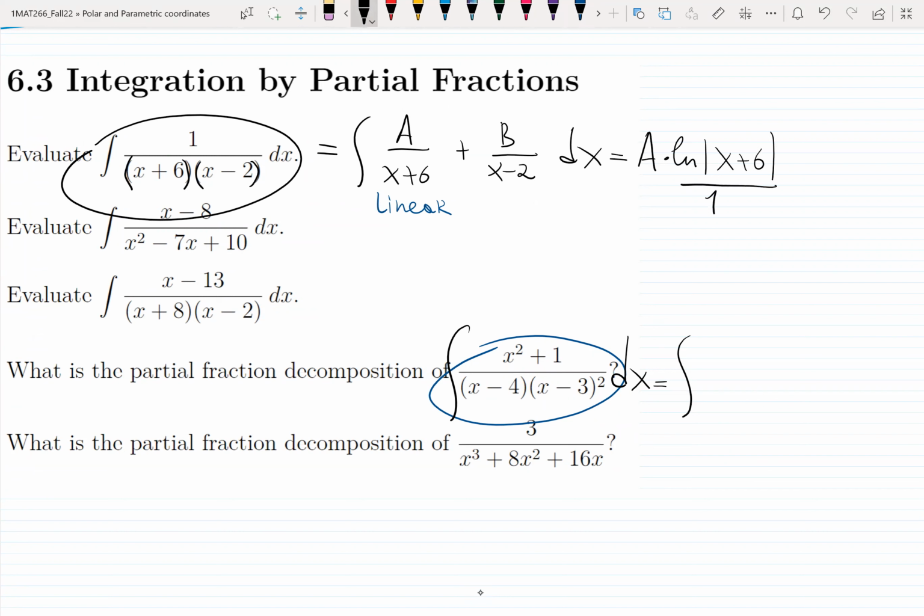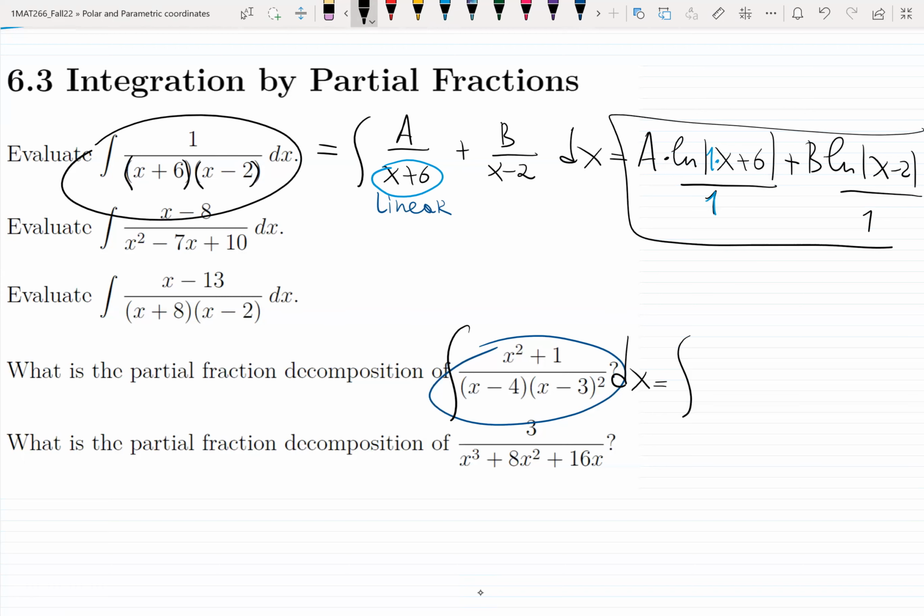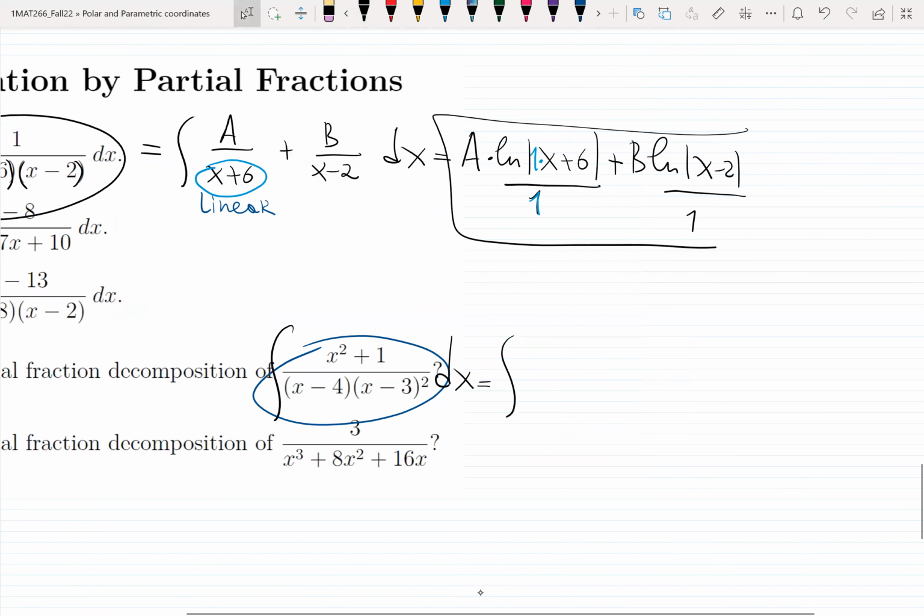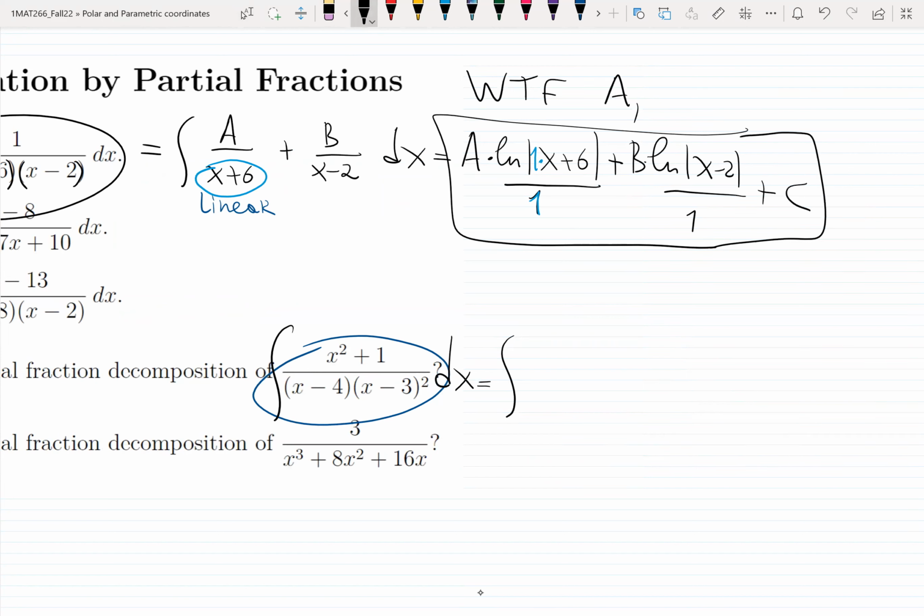Don't forget to divide by the leading coefficient, because there's a chain rule happening here. Plus B natural logarithm absolute value of x minus 2 divided by 1, plus C, of course. And then we want to find A and B.